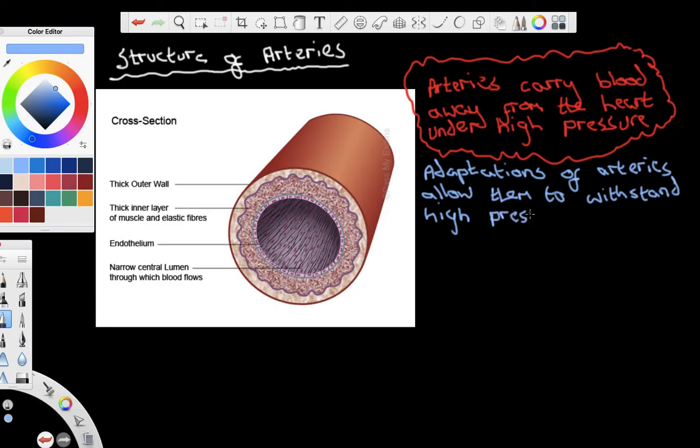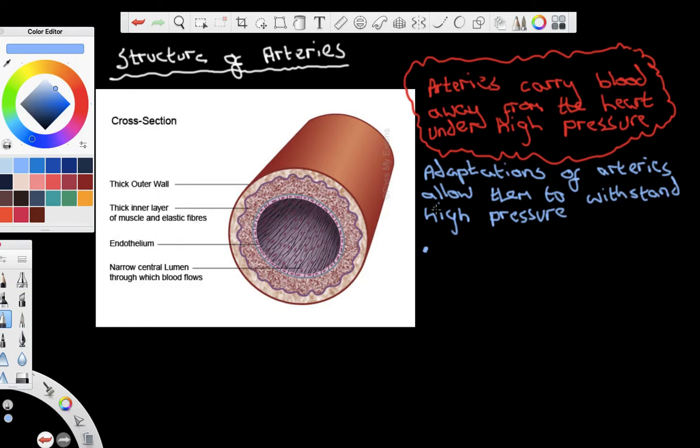Okay? So the adaptations of arteries allow them to withstand high pressure. And some of the adaptations are shown over here on this diagram. We can talk about some of these here. We can put the first one. We can say that they have a thick outer wall and a thick inner elastic wall.